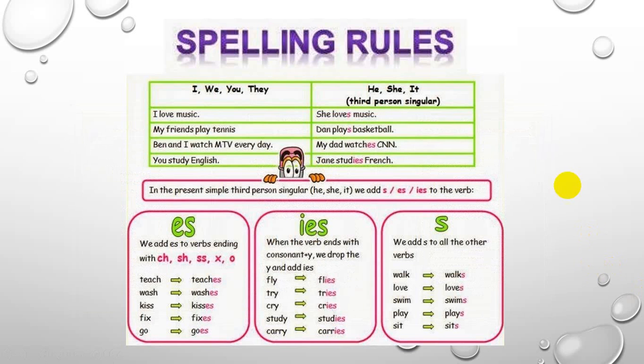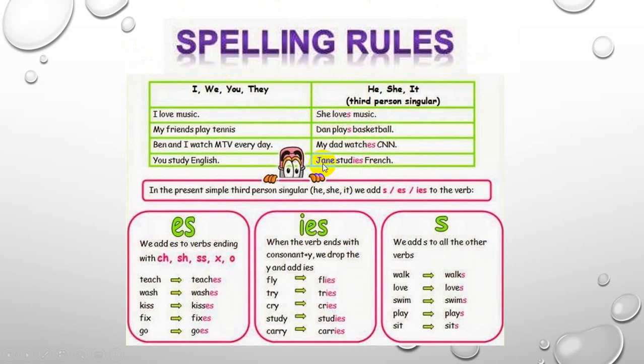We have spelling rules. When you have to put the verb in the third person, in affirmative form, we have spelling rules for the verbs: loves, plays, watches, studies.